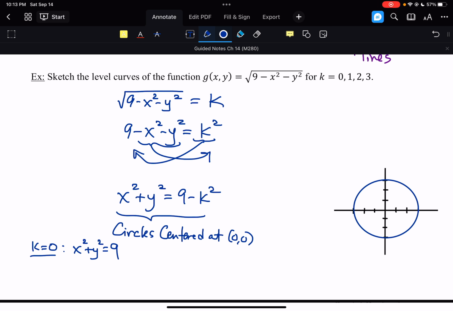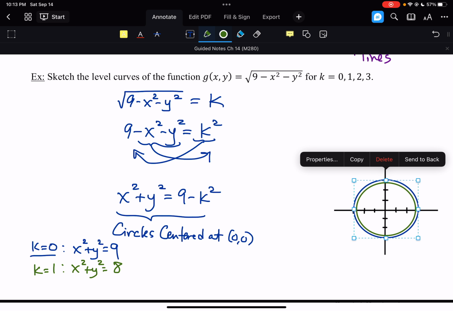Okay. And then I'll color coordinate here. K is 1. We get x squared plus y squared equals 9 minus 1, so 8. So the square root of 8 is going to be 2 root 2. So it's between 2 and 3, but it's a little closer to 3. So that's going to be something kind of like that.